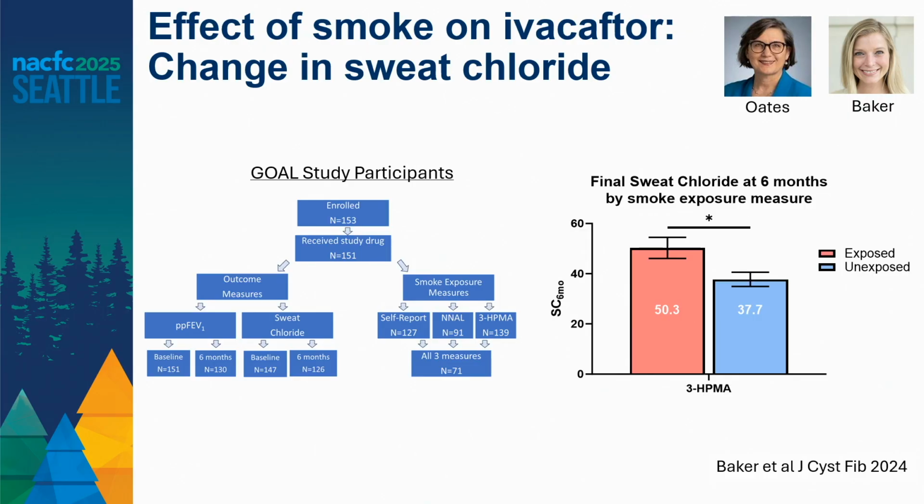And what we saw is that it was really the acrolein metabolite which was the most associated with the difference in lung function between smokers and non-smokers, as well as a really important difference in the ivacaftor response with regard to sweat chloride. So basically, in people who were unexposed or did not have high levels of 3-HPMA, they had twice the odds of having a sweat chloride that was less than 40 compared to those who were smoke exposed. And the difference between groups was about 12 to 13.